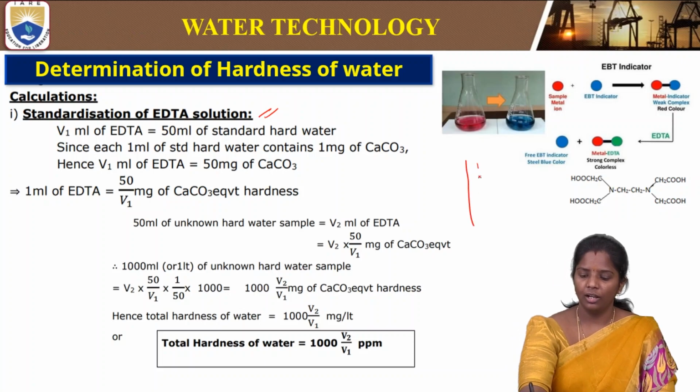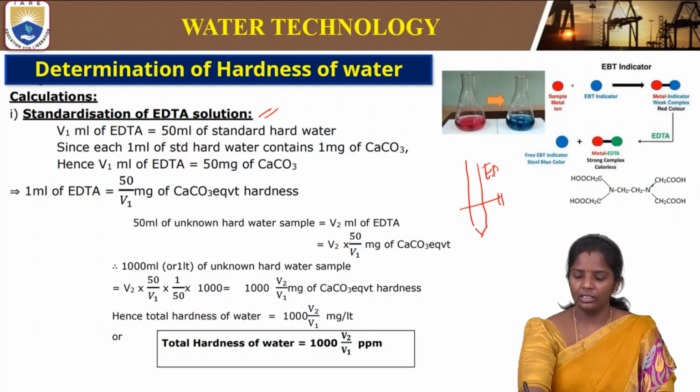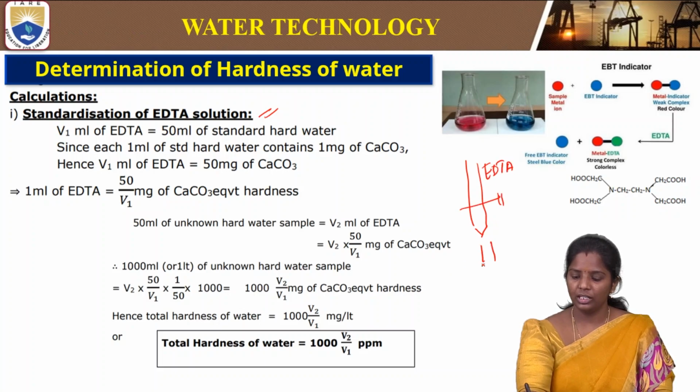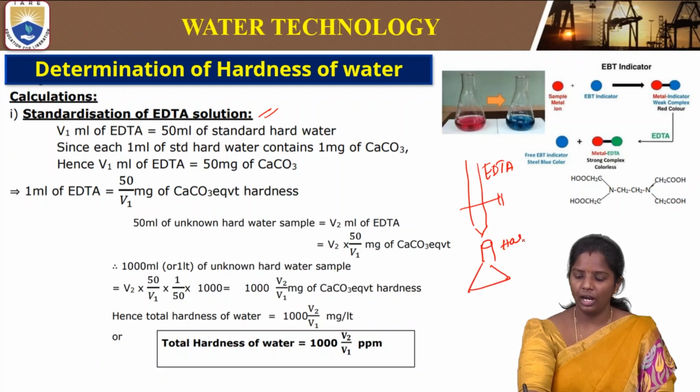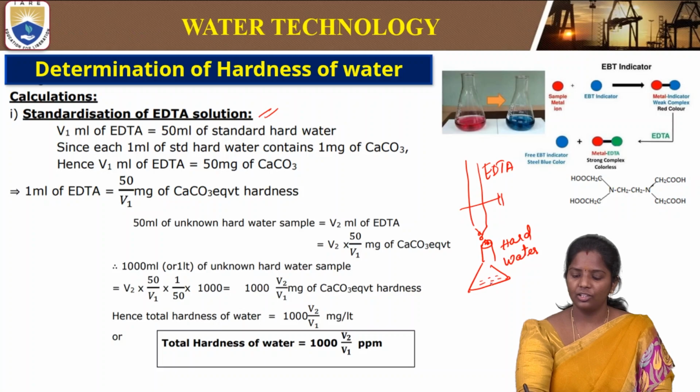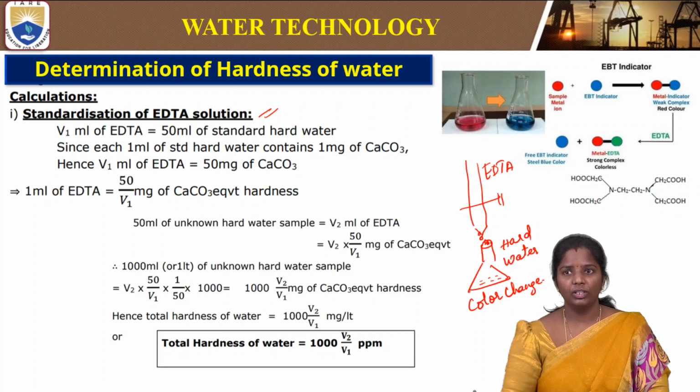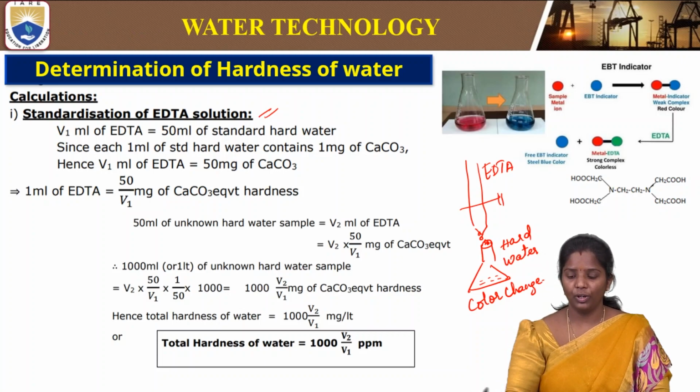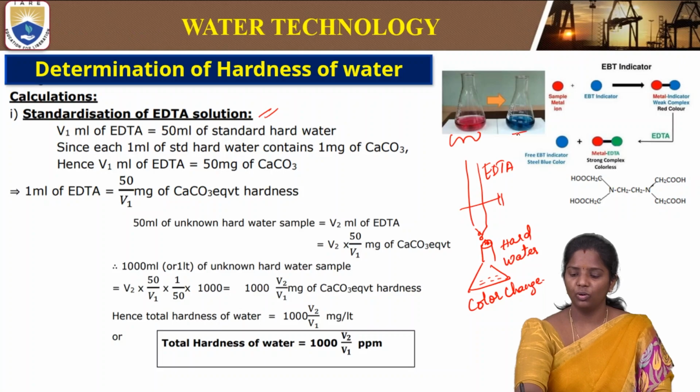So the burette will contain EDTA, and we take the hard water in a conical flask. This is hard water. We will be titrating with this EDTA, and there is a color change for this water sample. With this color change, we indicate the end point, that is from wine red to blue color.